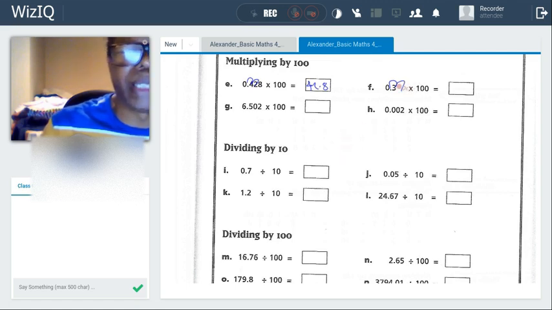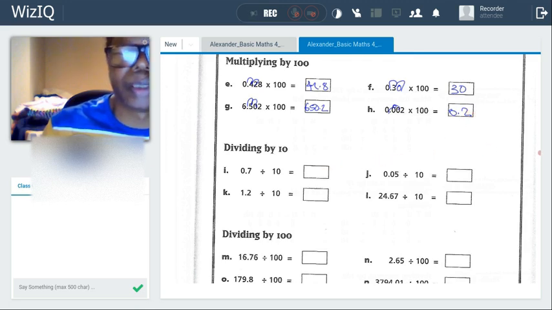So we add the 0 there, which means this is 30. Do you follow? Here we're going to move 1, 2. So it's going to be 650.2. This one is going to be 1, 2. So therefore, it's going to be 0.2.